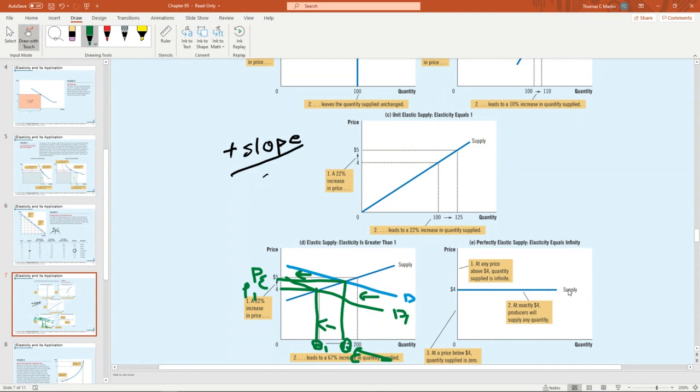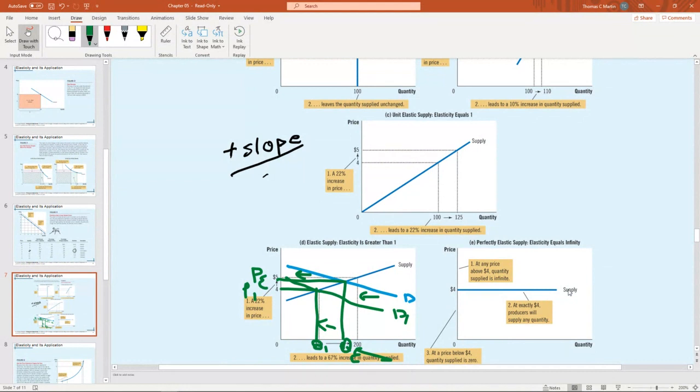Now, on the supply curve, if we have a perfectly elastic supply curve, now we're looking at a situation where if the price is above $4 or equal to $4, the consumers will buy everything. So it's infinite. But if you go below 4, it's 0. So they're telling you that they're not going to give you anything below 4, period.